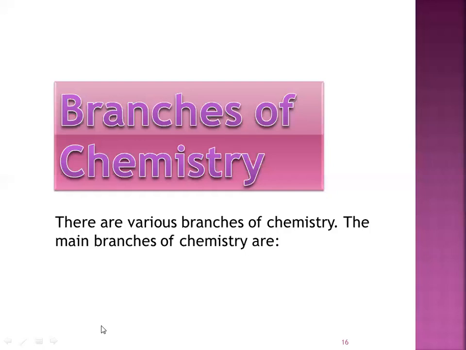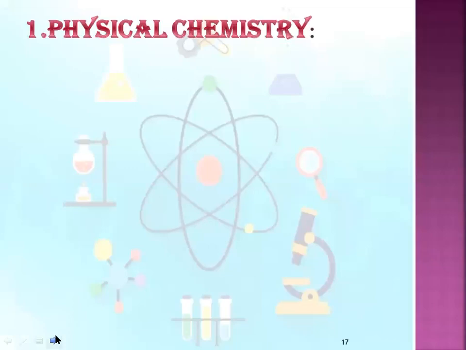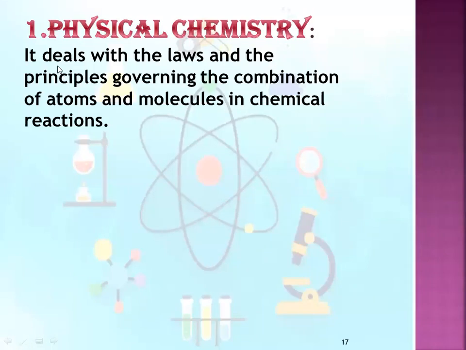So the first branch of chemistry is physical chemistry. It deals with the laws and principles governing the combination of atoms and molecules in chemical reactions.